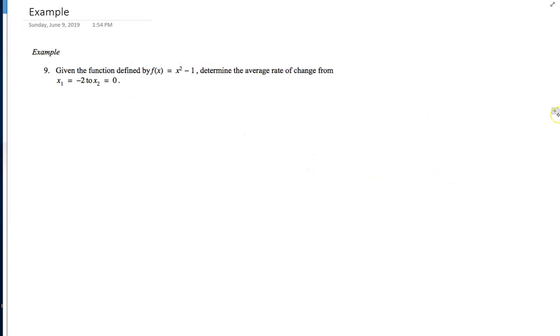Let's look at an example real quick. For the function f of x is equal to x squared minus 1, determine the average rate of change. So ARC is equal to f of x sub 2 minus f of x sub 1 over x sub 2 minus x sub 1.